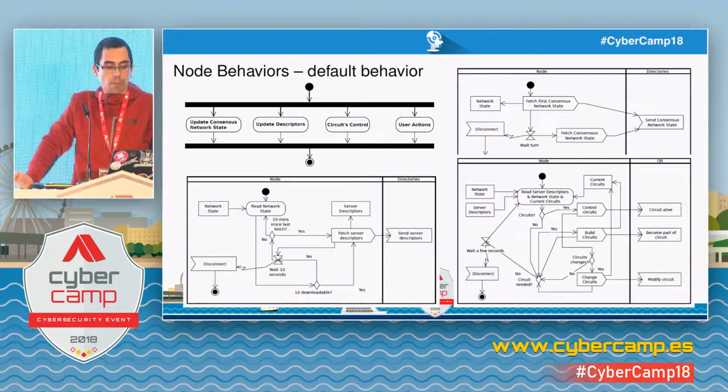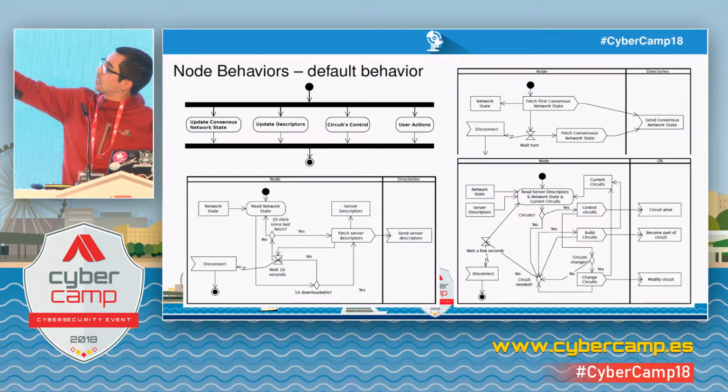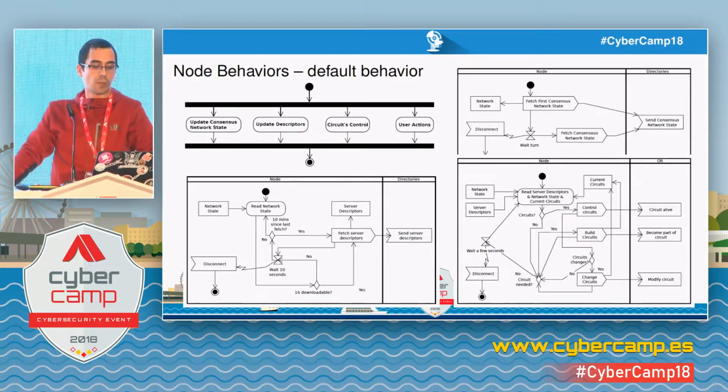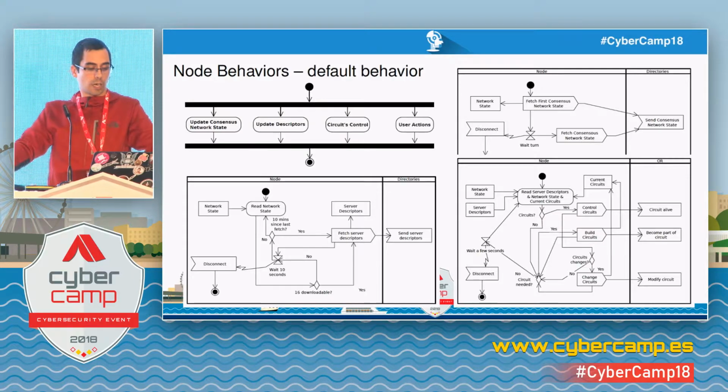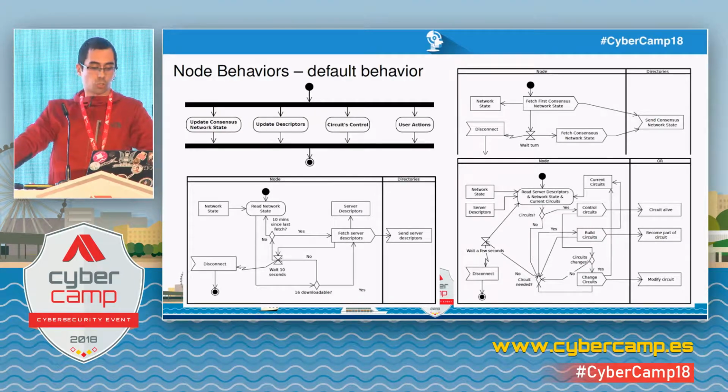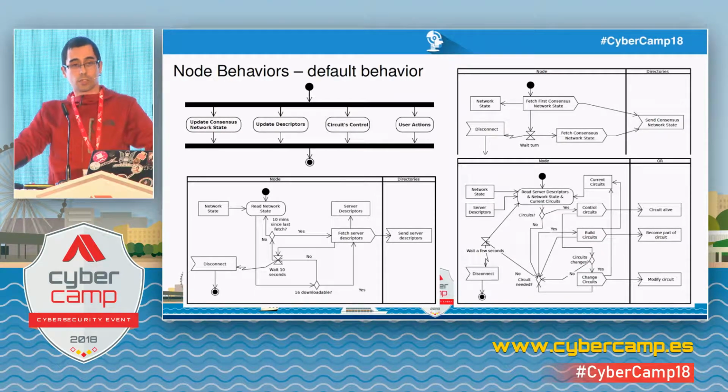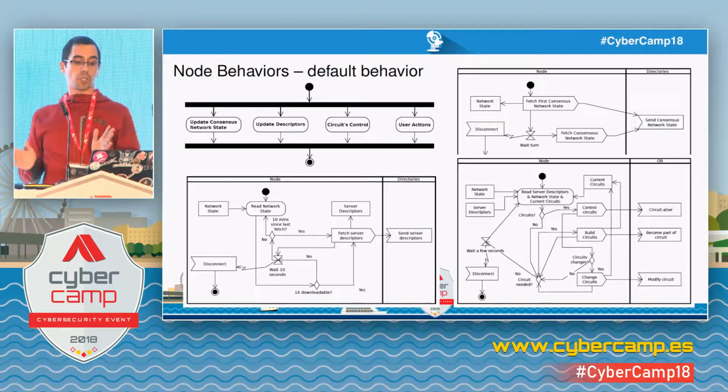It's more complex. Okay, so what type of behaviors do we find in these nodes? By default, all nodes in the Tor network follow all these behaviors. Update the network through consensus, it also updates the descriptors, and it also controls the circuit.